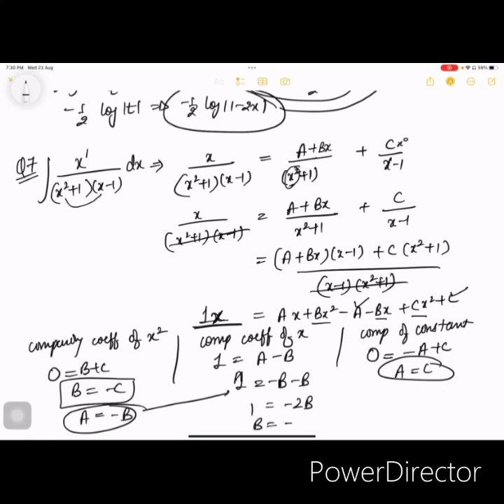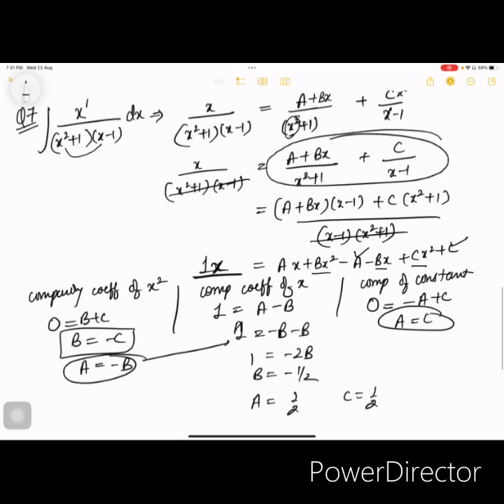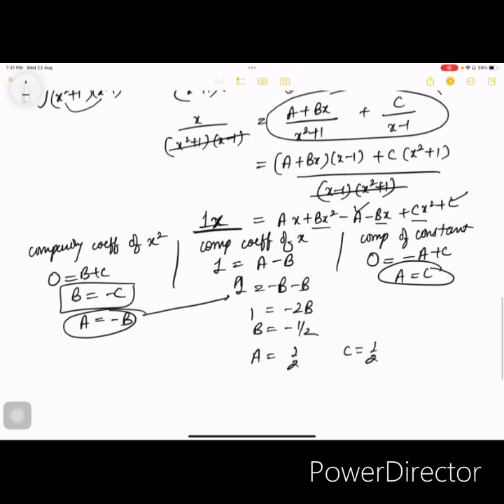So B is equal to minus half. B is equal to negative half. So A will be half and C will also be half. Just put the values in this one and integrate it.